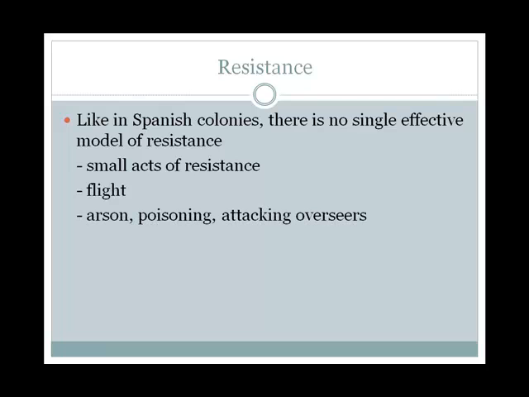They used arson, poisoning, attacking overseers, attacking owners. There were some large conspiracies that were planned in New York City in 1712, in Louisiana in 1731.